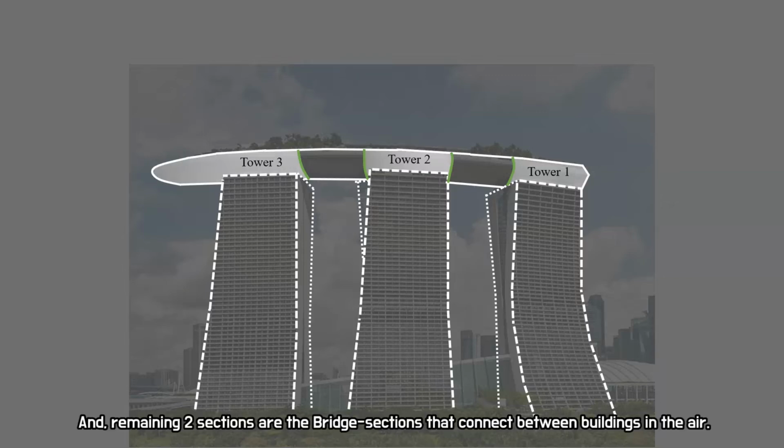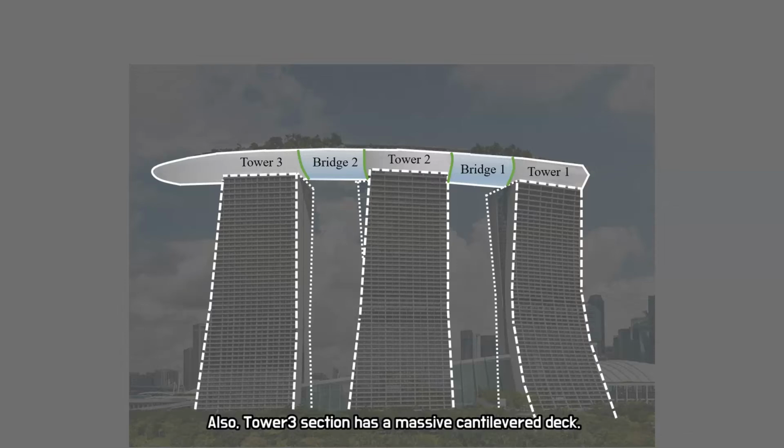And the remaining 2 sections are the bridge sections that connect between buildings in the air. Also, the Tower 3 section has a massive cantilevered deck.